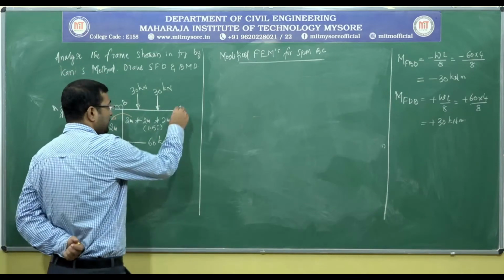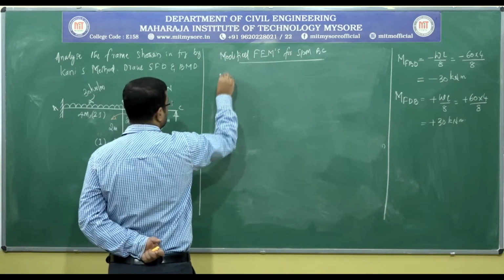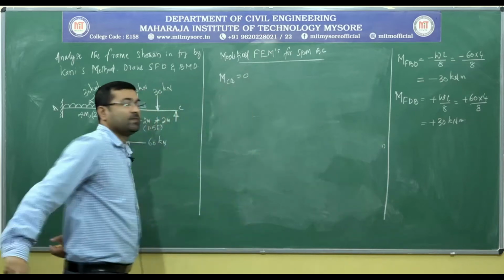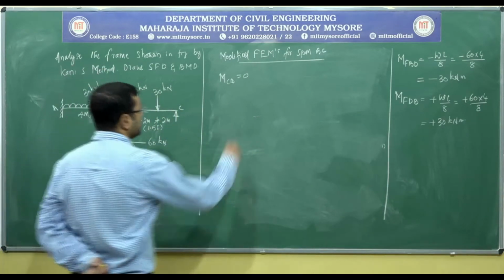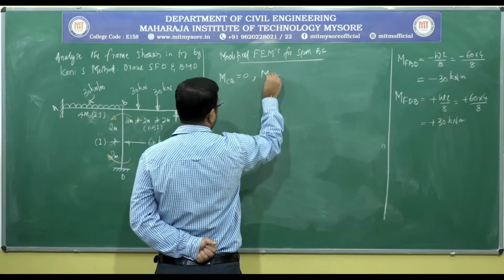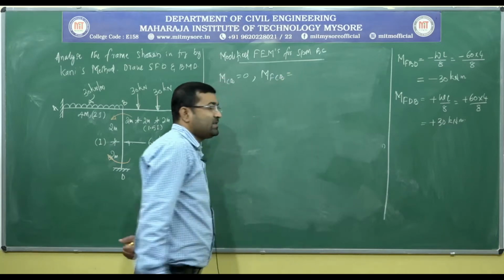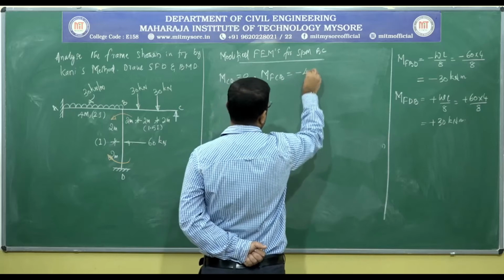So we know that because of the simple support, the final end moment, that is MCB, must be 0. The final end moment must be 0. When will this become 0? When we make MFCB also 0.